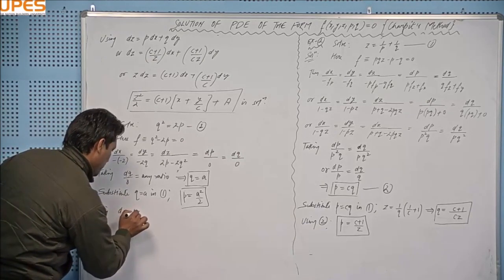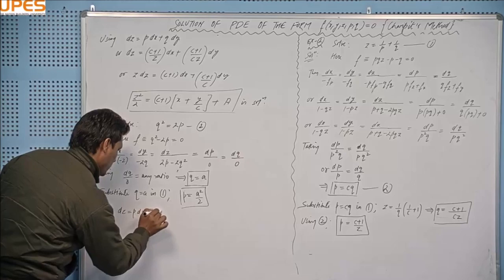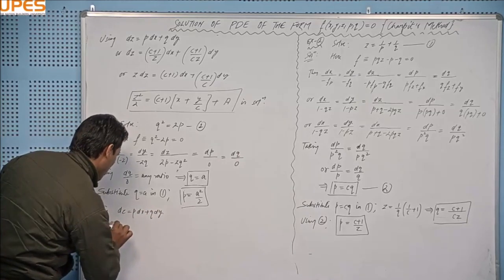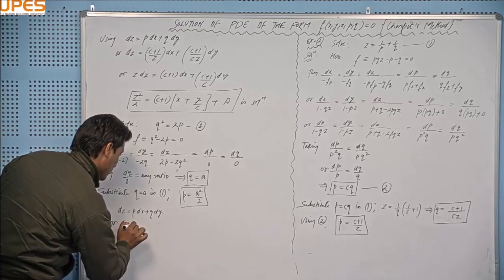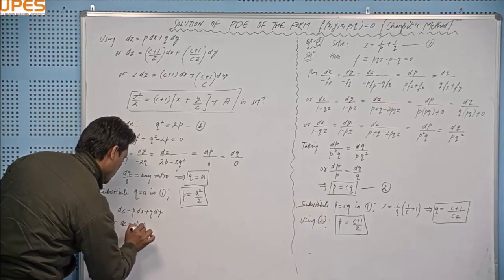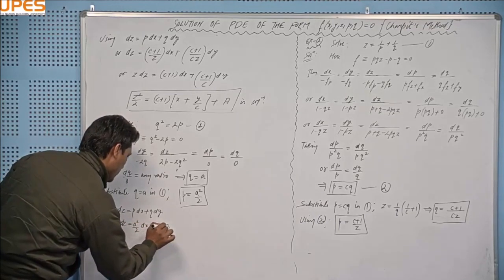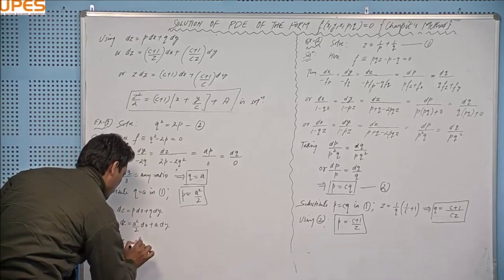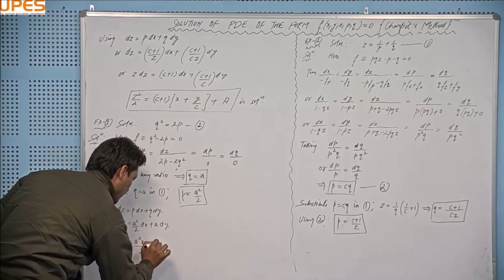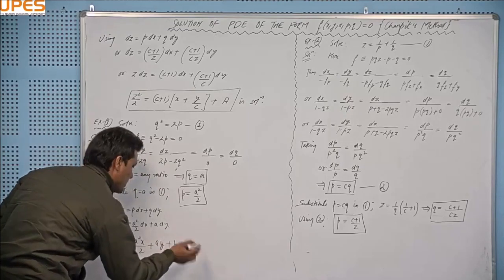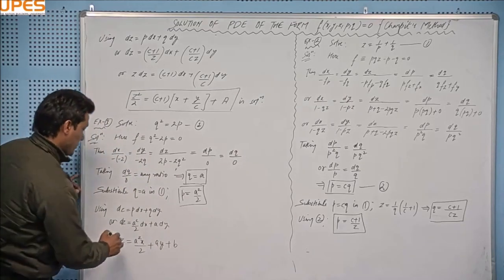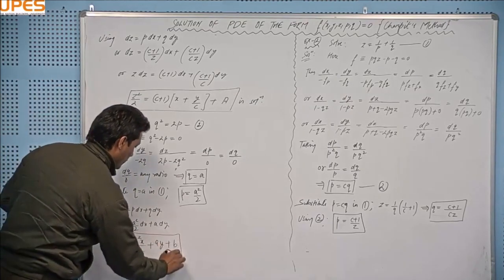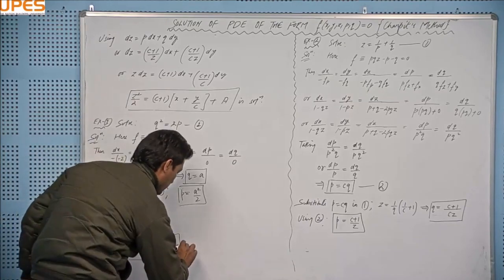Then using dz is equal to p dx plus q dy and plugging in these values, dz is equal to a square by 2 dx plus a dy, and then integrating it, I will obtain z is equal to a square x by 2 plus a y plus b. b is a new constant of integration, right? Every time you perform an integration, you write a constant of integration.